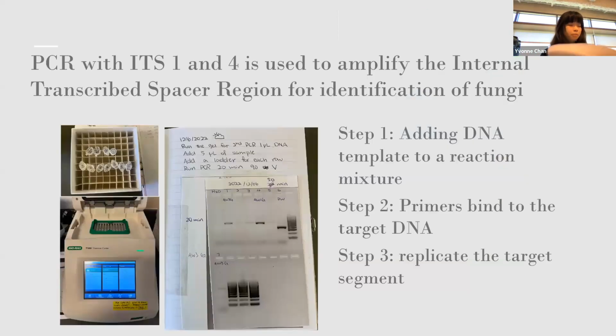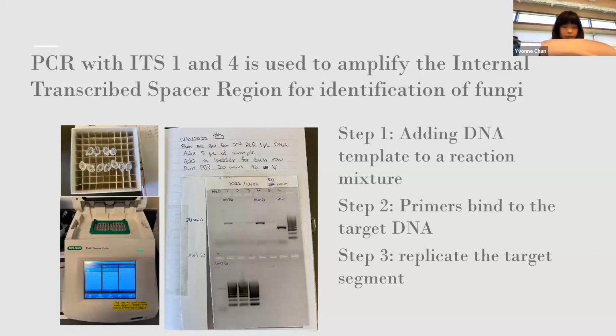In the experiment, PCR with ITS1 and 4 is used to amplify the internal transcribed spacer region for the identification of fungi. This process involves adding a DNA template, such as the extracted fungal DNA in this case, to a reaction mixture containing the primers, nucleotides, and enzymes.